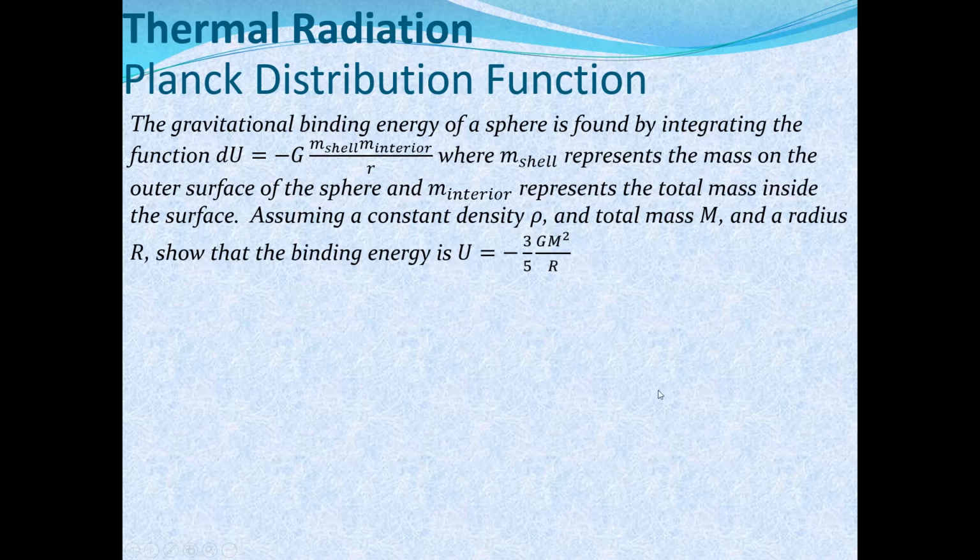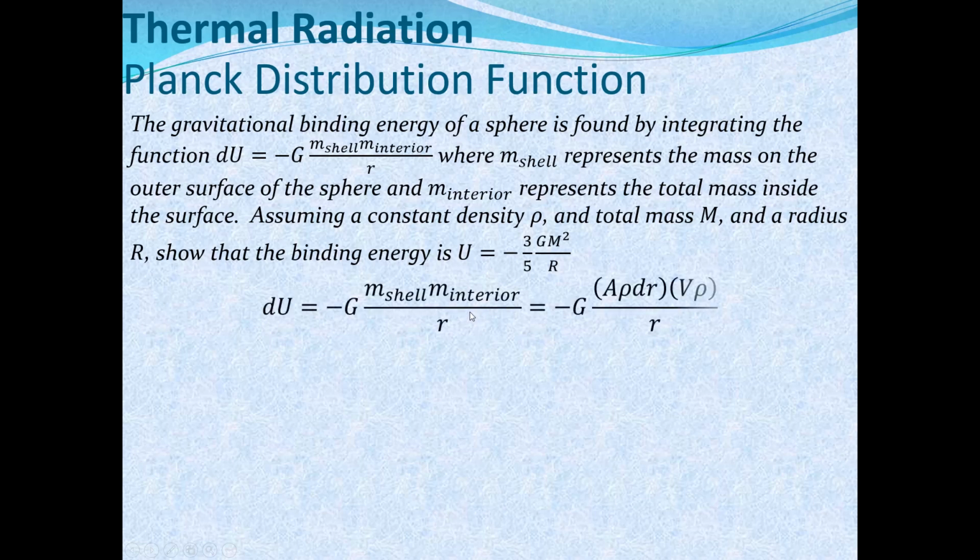So again, we know what the final solution is, so we just have to fool around with this until we get to here. All right, so first off, there are two parts here: the mass of the shell and the mass of what's inside.